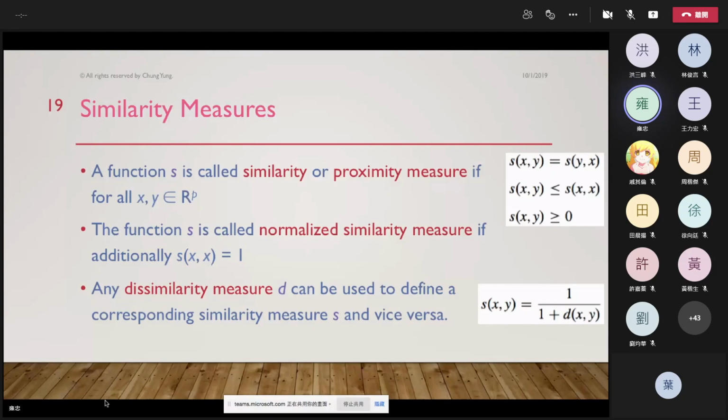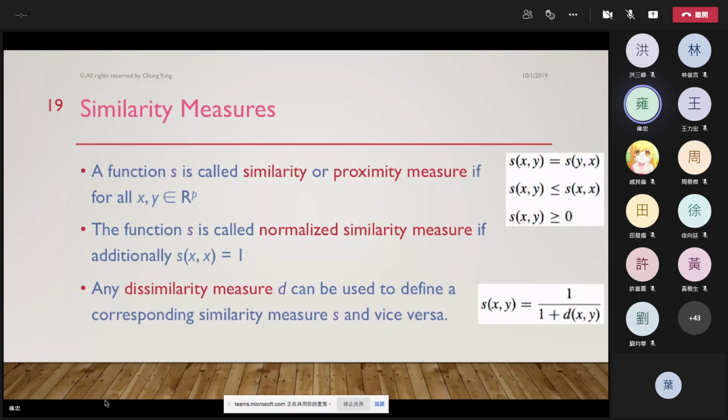If all three formulas hold, then this function S is called a similarity function or similarity measure. If a function satisfies these three conditions, it's a similarity measure.